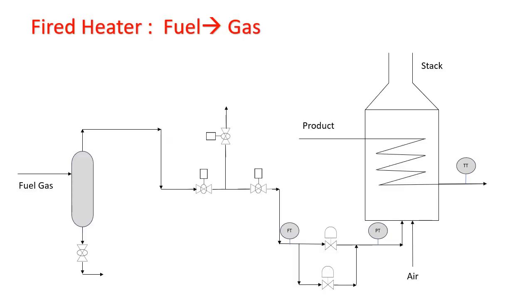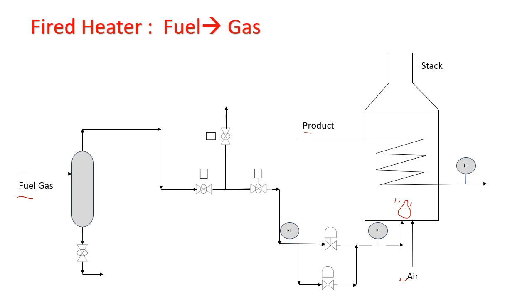So, as you know, in a fired heater, fuel is mixed with air and this mixture of fuel and air is burned inside the heater, and this heat gets absorbed by the product, and in this process the product gets heated.